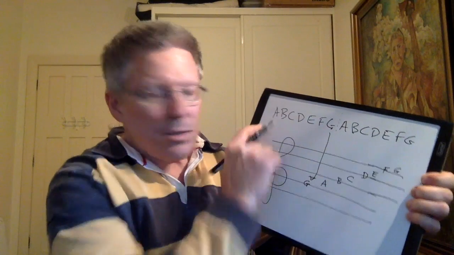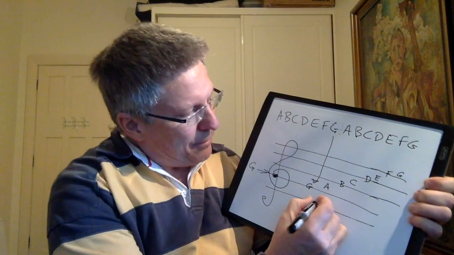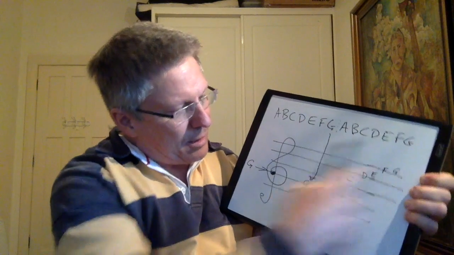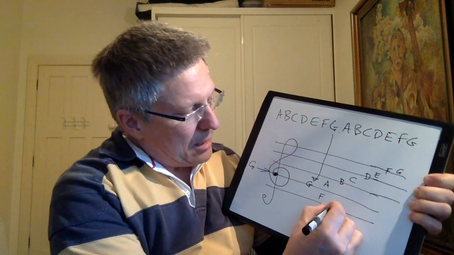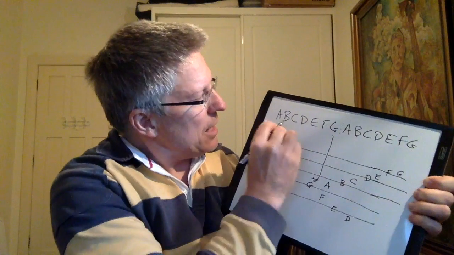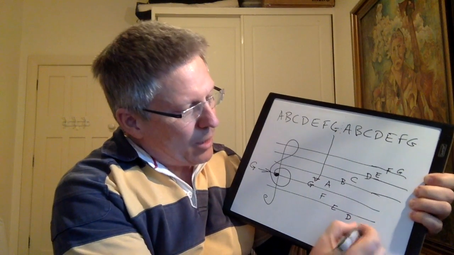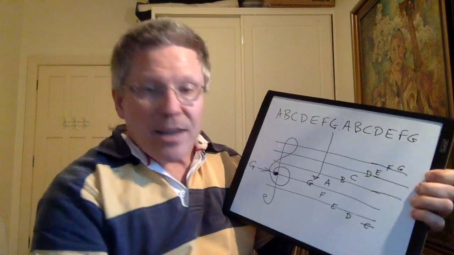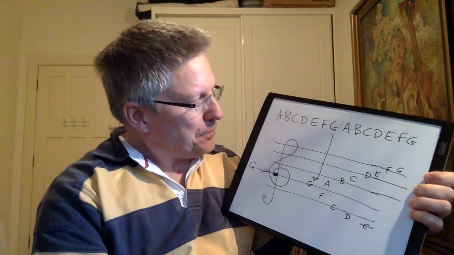Similarly, going backwards, we go G, then F is going to be a space. I'm just going to do it in this shape here just so it fits in. E is the next, and D is the one underneath here. Look, space underneath. And C, we're going to create an extra line, and call that C.